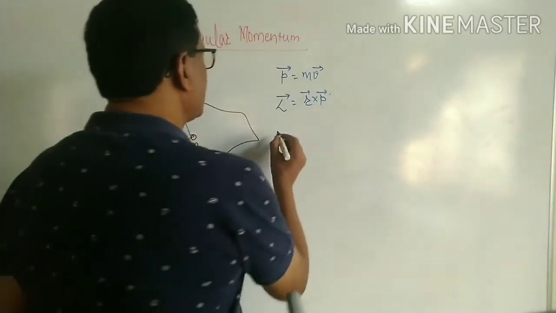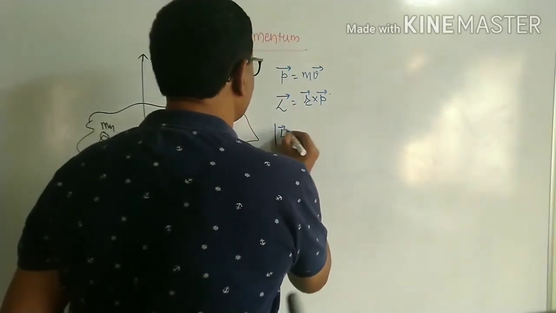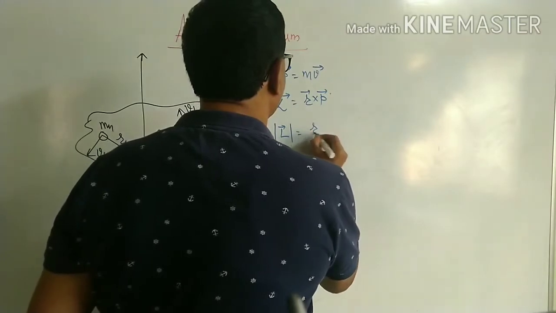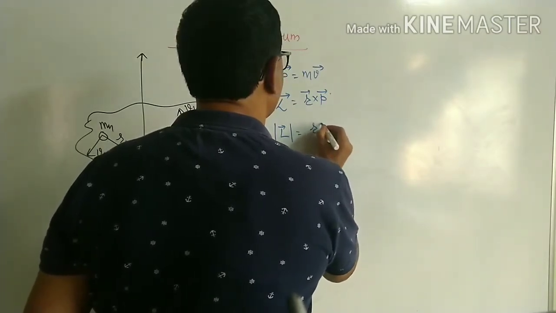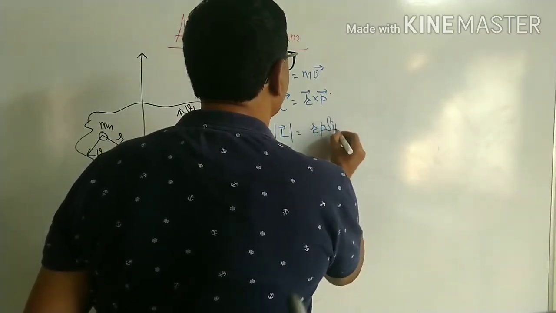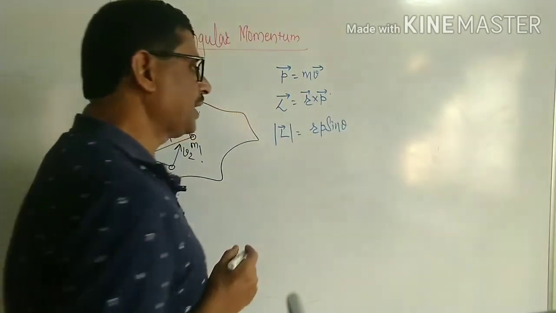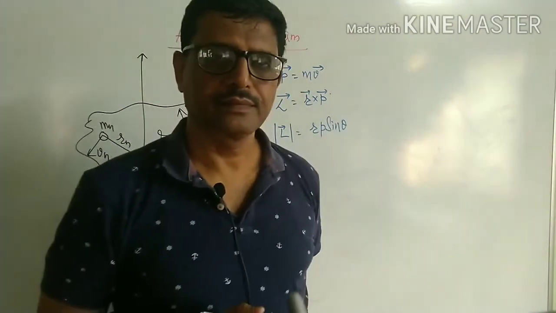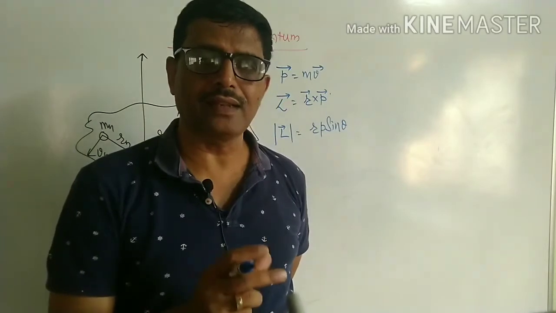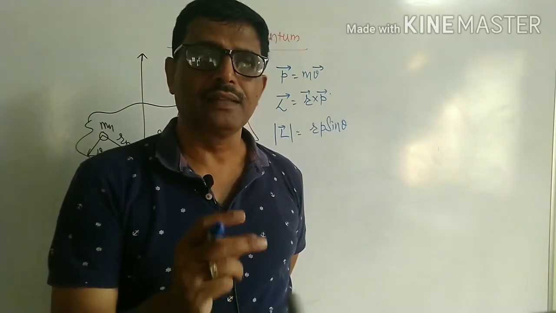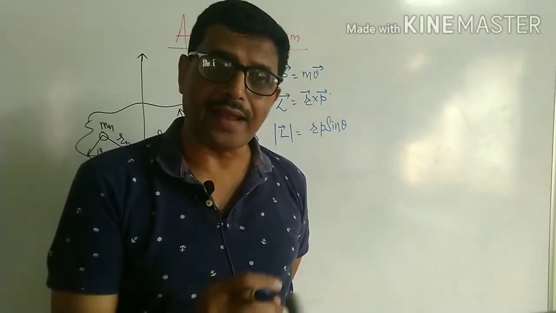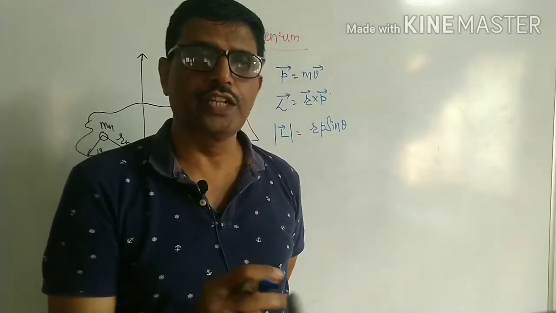In magnitude, this is given by the magnitude of L equals R times P times sine theta, where theta is the angle between the position vector and the linear momentum.